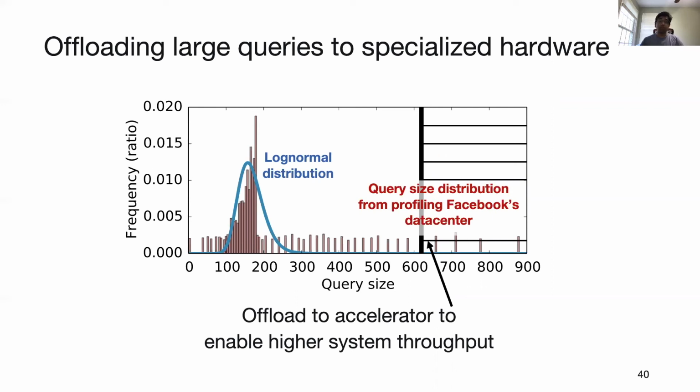In order to exploit this distribution in the context of AI acceleration, the scheduler can offload queries higher than a specific threshold to the specialized hardware. Once again, this threshold must be carefully optimized and set for each recommendation use case. However, optimizing this threshold, we find, can accelerate the largest queries and unlocks significant performance improvements as well.